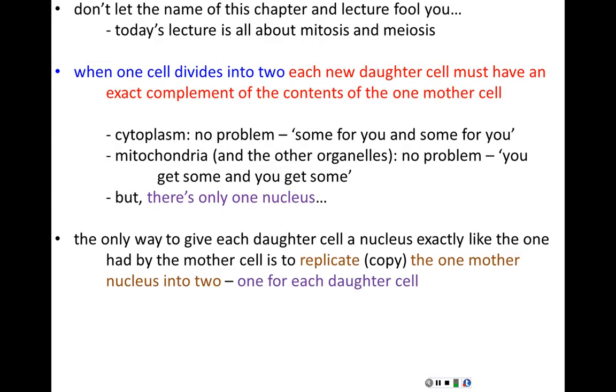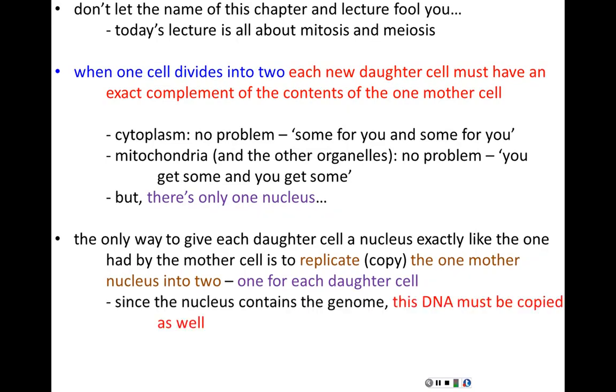So how do you take one nucleus and give one to one daughter cell and one to the other? The only way to give each new daughter cell a nucleus, exactly like the one the mother had, is to copy that nucleus, copy the DNA inside of it, turn one nucleus into two, and then give one each to the new daughter cells.